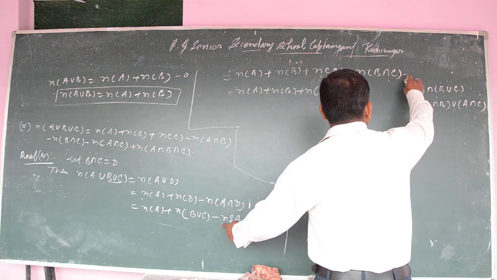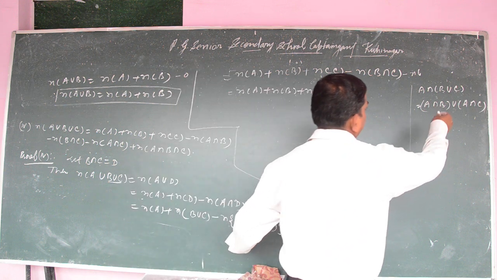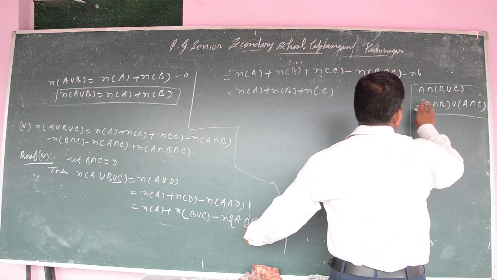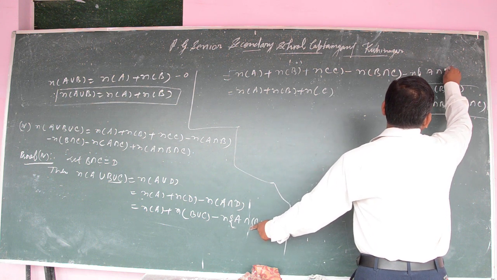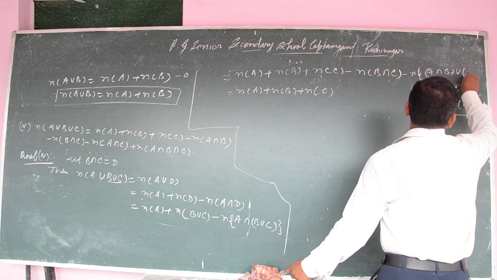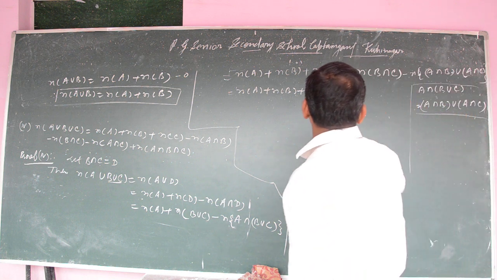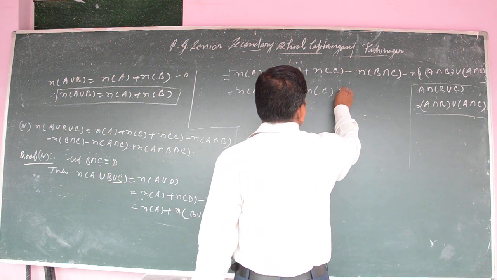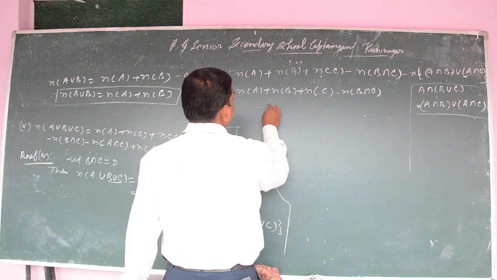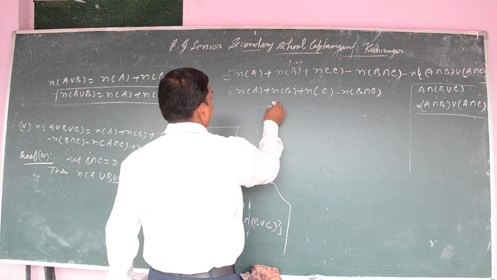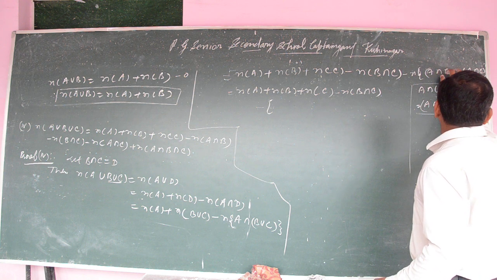First you write minus cardinal number of A intersection B union C. This is the key point: in place of this you write A intersection B union A intersection C. So cardinal number of C minus cardinal number of B intersection C minus cardinal number of this union this.